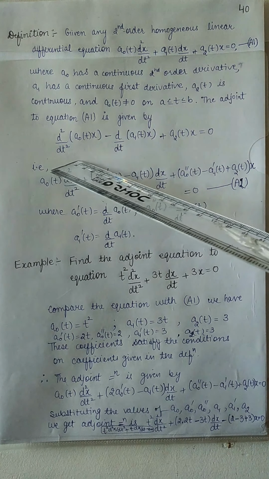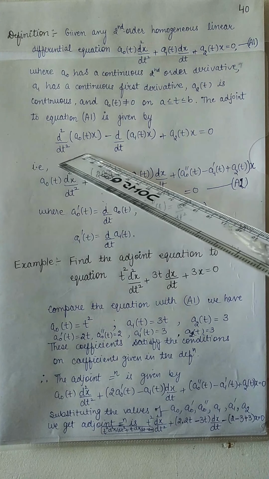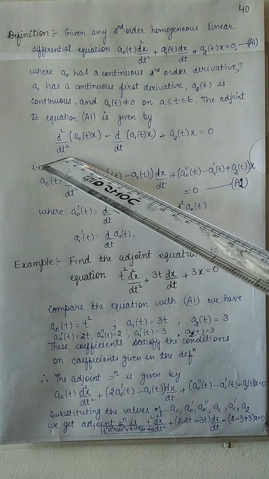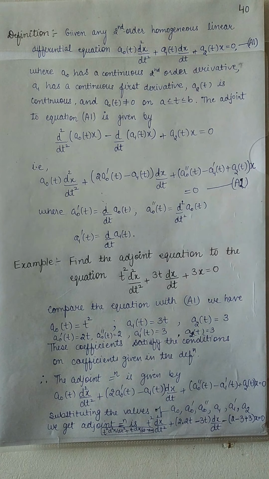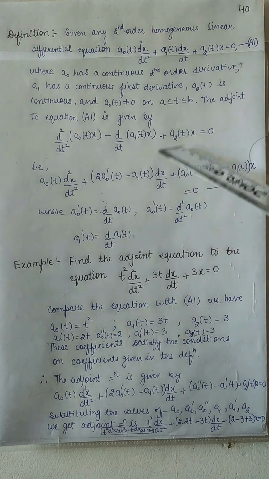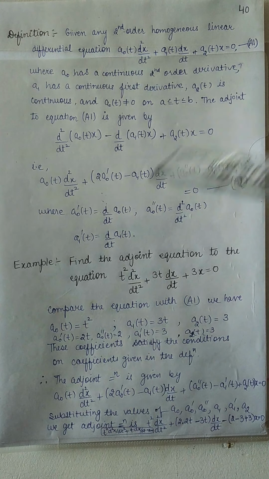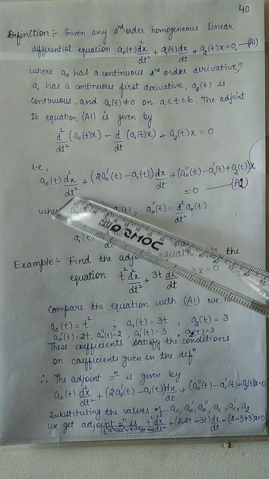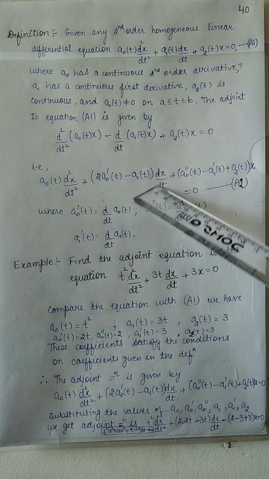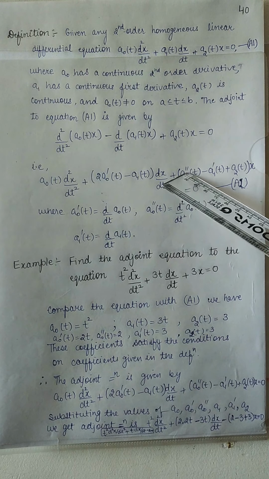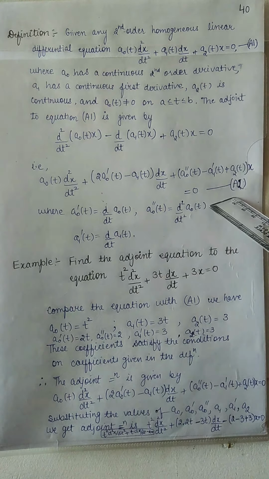And after using calculation and doing the second derivative and so on, we can convert this adjoint equation into the form a0(t) d square x by dt square plus (2a0'(t) minus a1) dx by dt plus (a0''(t) minus a1'(t) plus a2(t)) x is equal to 0.